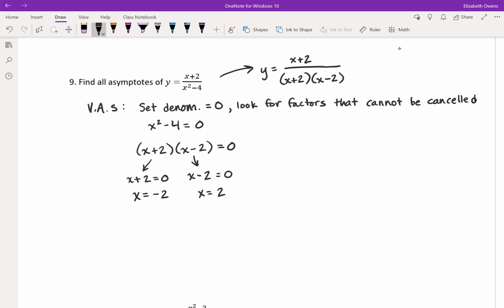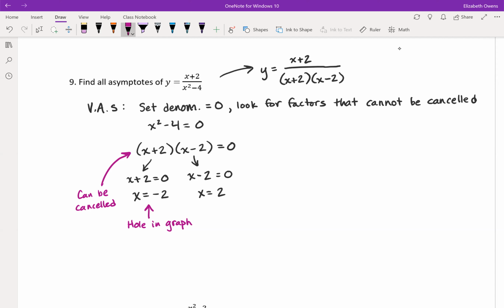So this factor, x plus 2 here, is actually just going to cause a hole in the graph when x equals -2. So let's note that. So this can be canceled. So this value here creates a hole in the graph rather than a vertical asymptote.